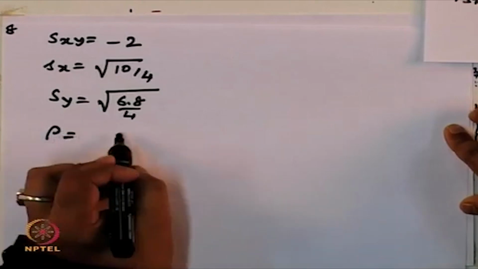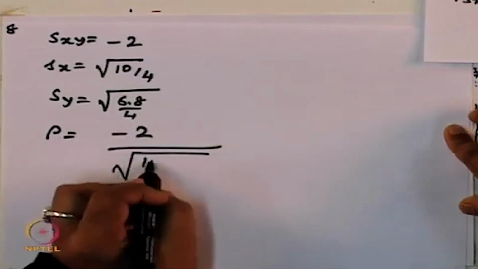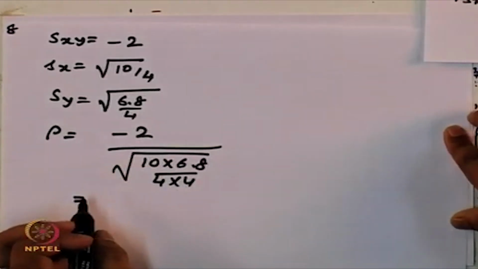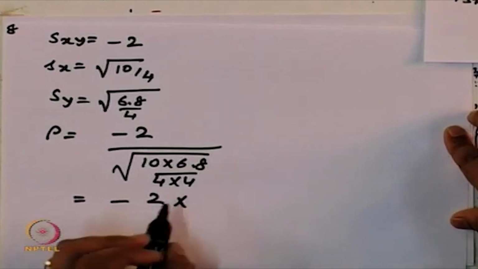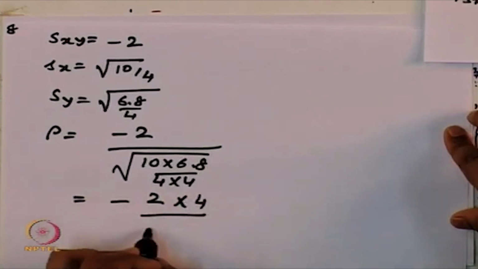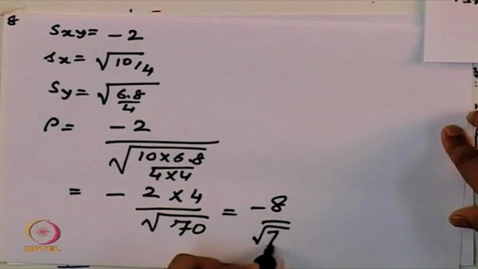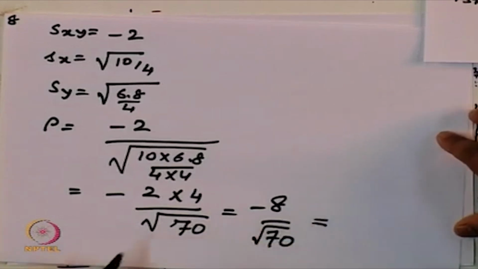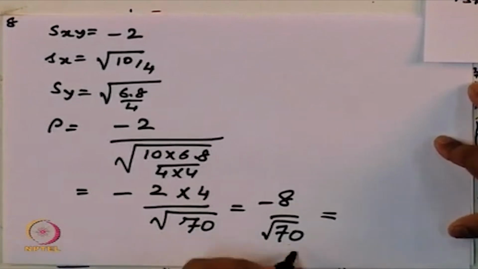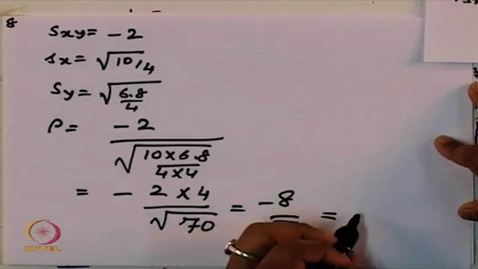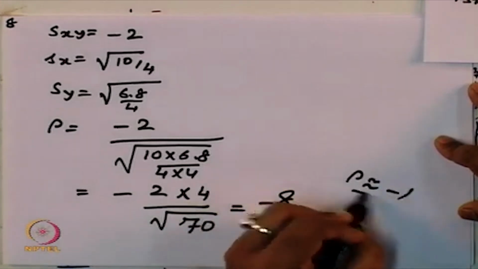So, my rho is equal to minus 2 by square root of 10 into 6.8 by 4 into 4, which is, okay, minus 2 into, I can have the 4 out, by root of 68, equal to minus 8 by root 68, which gives me a strongly negative value, which I can approximate as minus 0.97. So, I have the correlation, it has to be greater than 0.75 in magnitude. Okay. I will get a value rho which is almost close to minus 1.